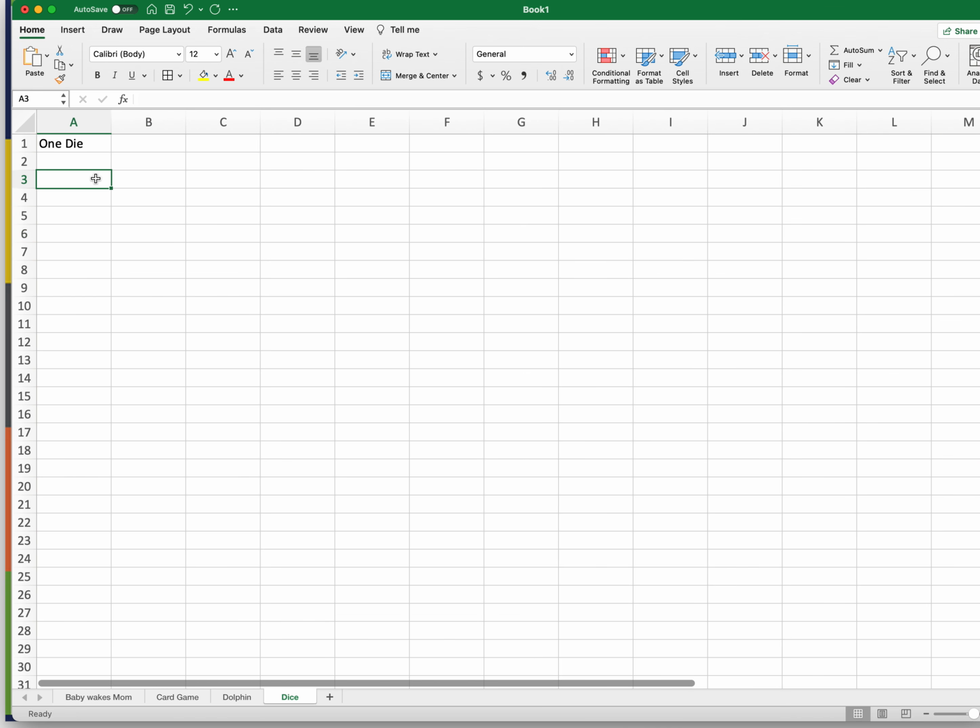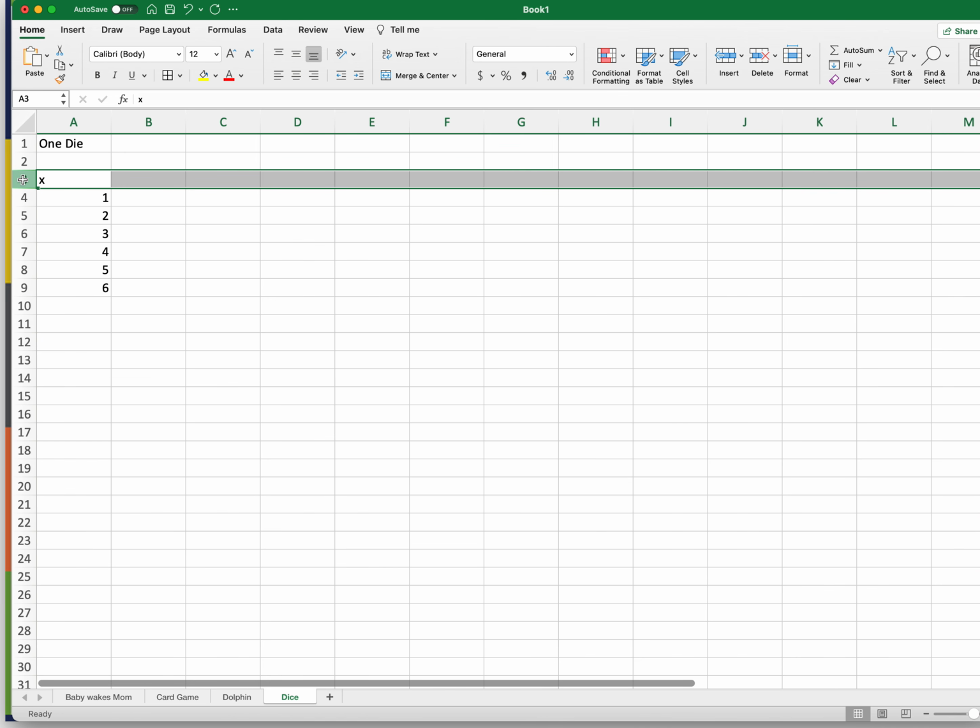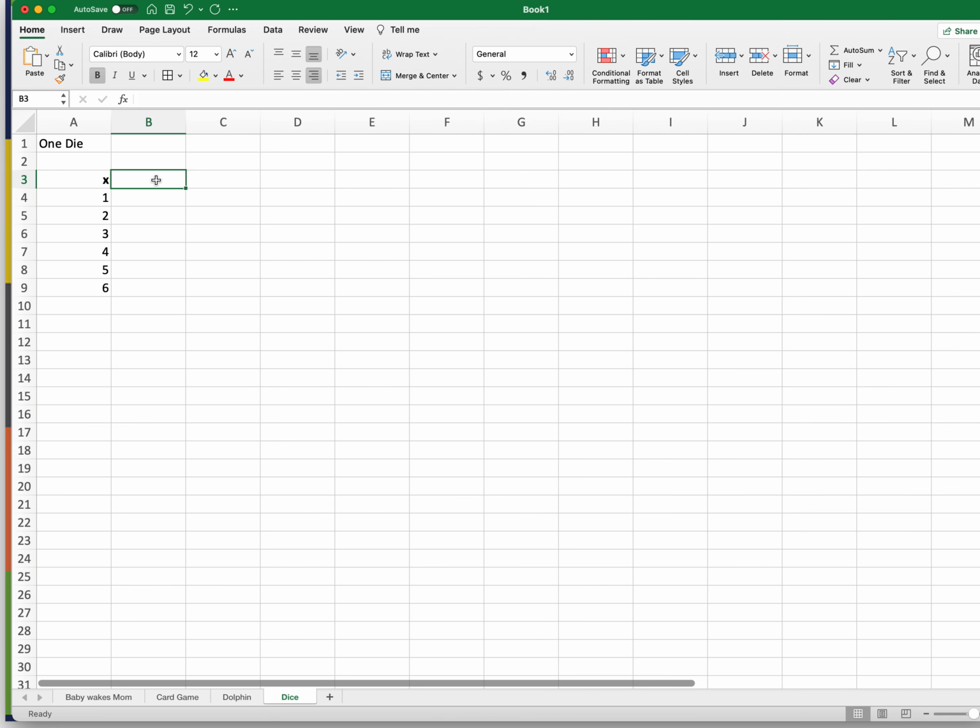And so what do we have for X? X is 1, 2, 3, 4, 5, 6. So let's make this right justified, make it bold. And what's the probability of X happening? Well, if it's a fair die, everything is going to be equal to 1 divided by 6.